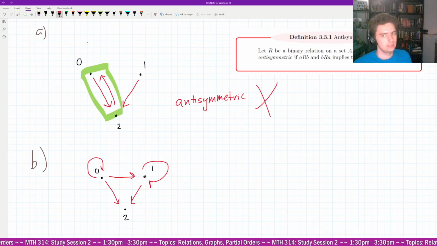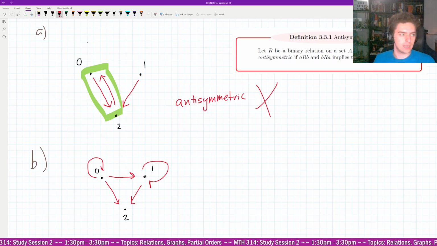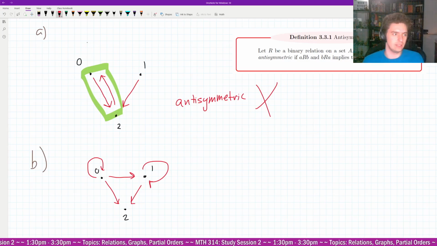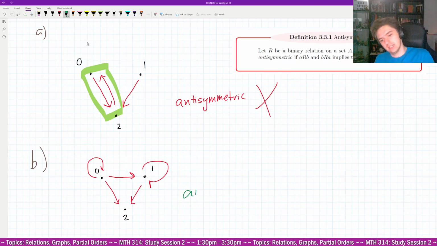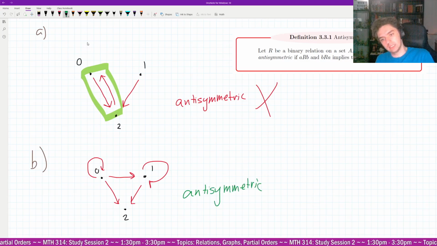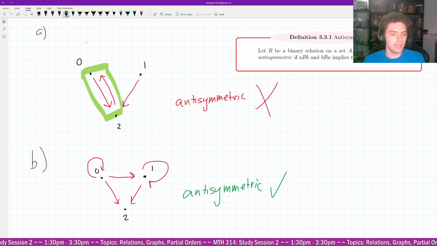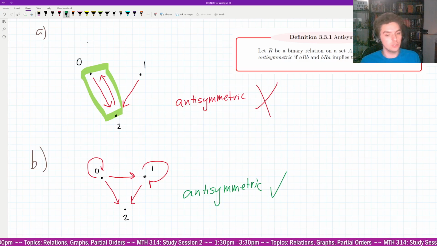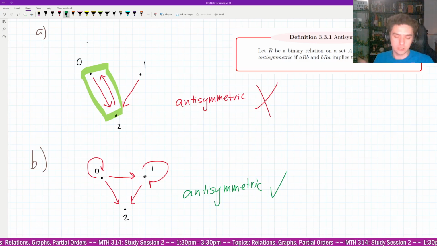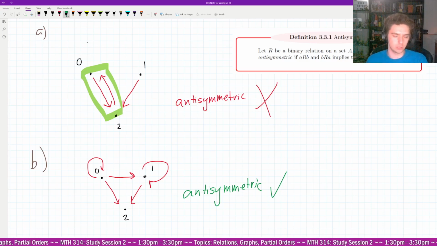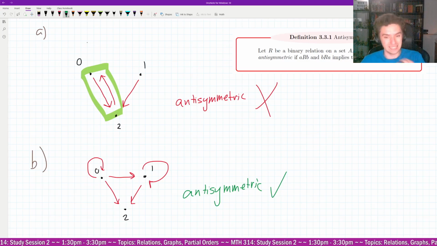Yes, this is anti-symmetric, because the only time we have symmetry is between a node and itself. I don't have 0 to 2 and 2 to 0. I don't have any two-way path between different nodes, because obviously everything is symmetric to itself. So it is anti-symmetric.